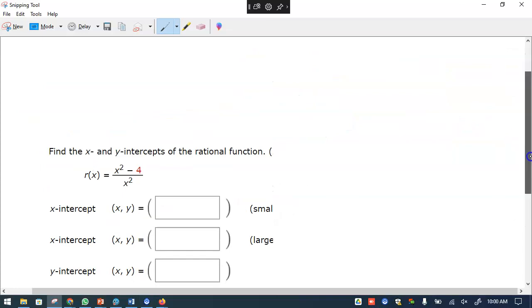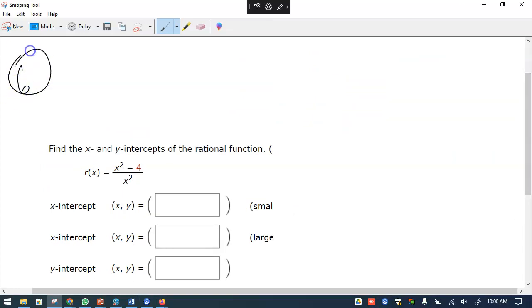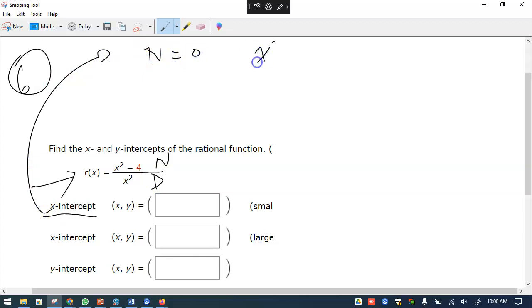Let's take one more example, problem number 6. Now, in this rational function, the question is what is the x-intercept? So how do we find the x-intercept? This is the numerator, this is the denominator. So for the x-intercept, you put the numerator equal to 0. That means x squared minus 4 equals 0.